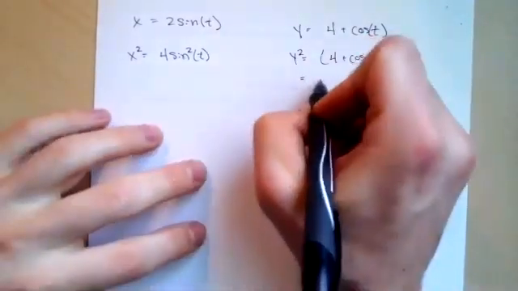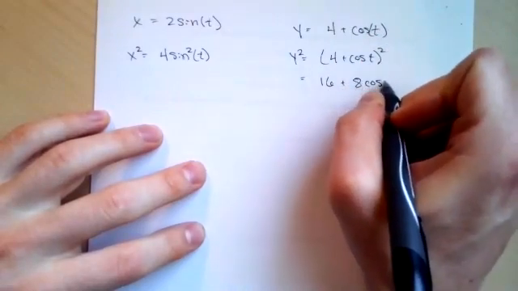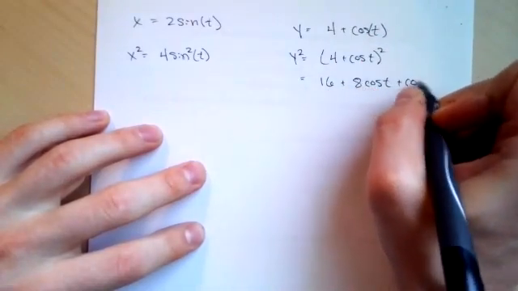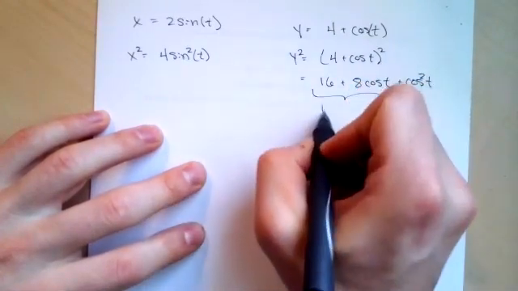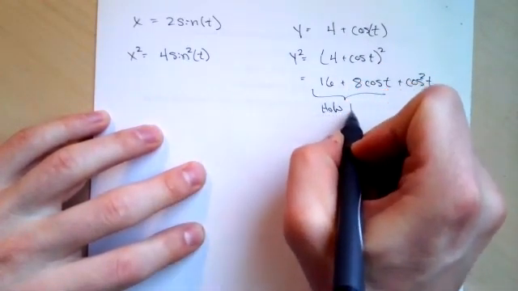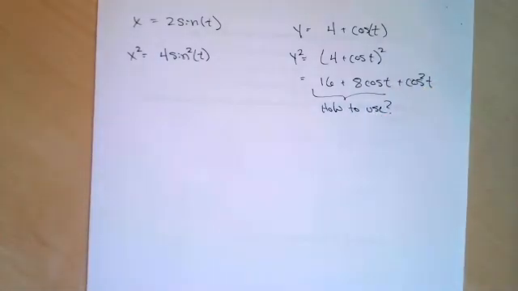And while it will give us a cosine squared, it also gives us all these extra terms.